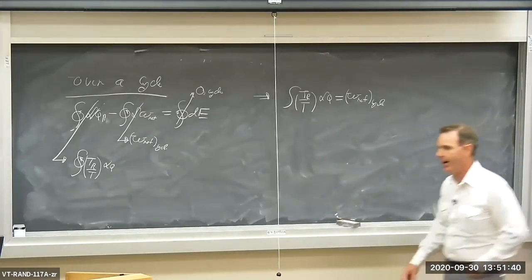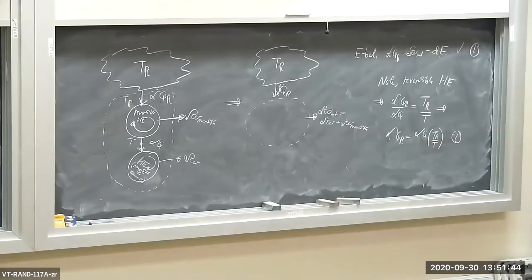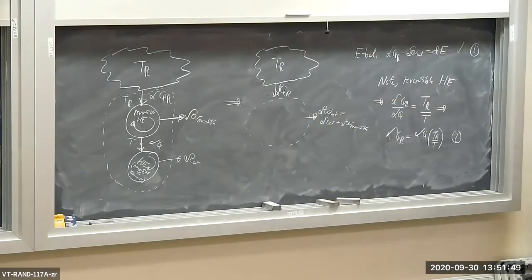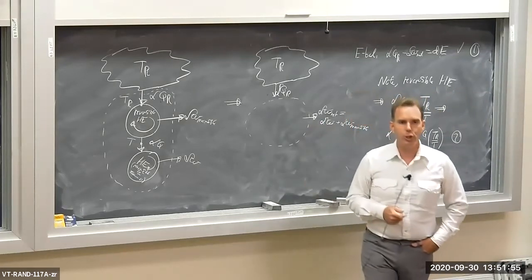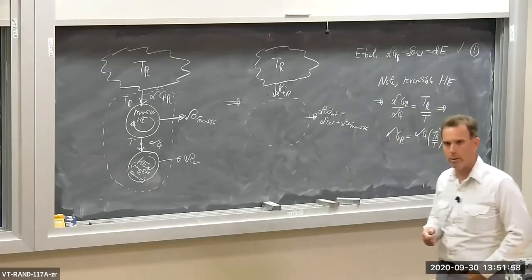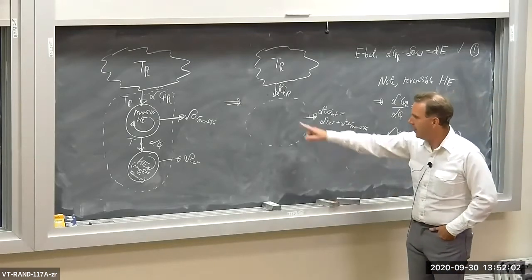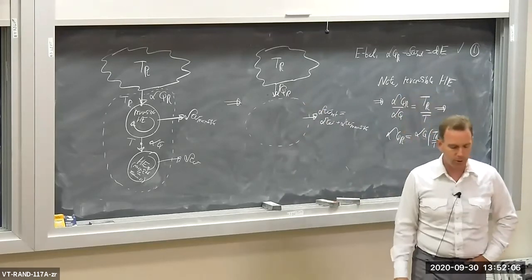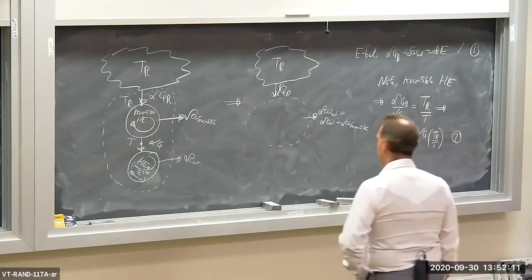Let's go back and have a look at our composite device. It receives heat from a single reservoir and produces work. Over a cycle, this device cannot produce positive work. That would be a violation of the Kelvin-Planck statement of the second law. Receiving heat from a single reservoir and producing the equivalent amount of work over a cycle is not possible according to the Kelvin-Planck statement.